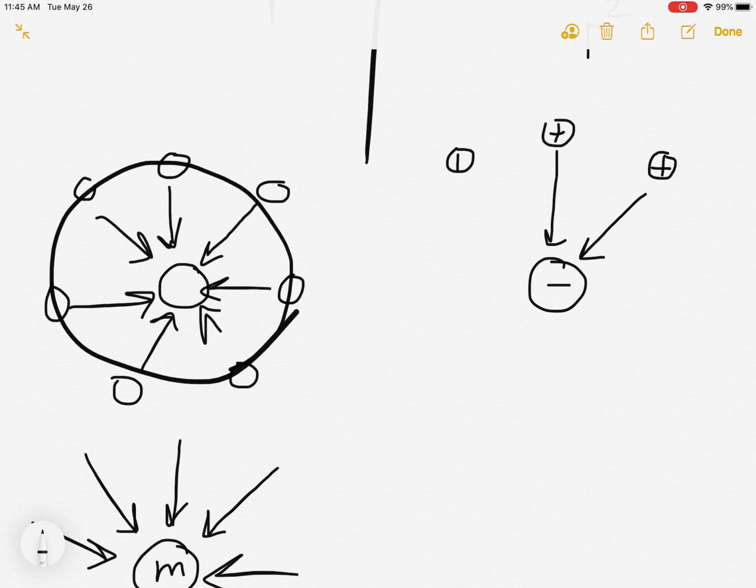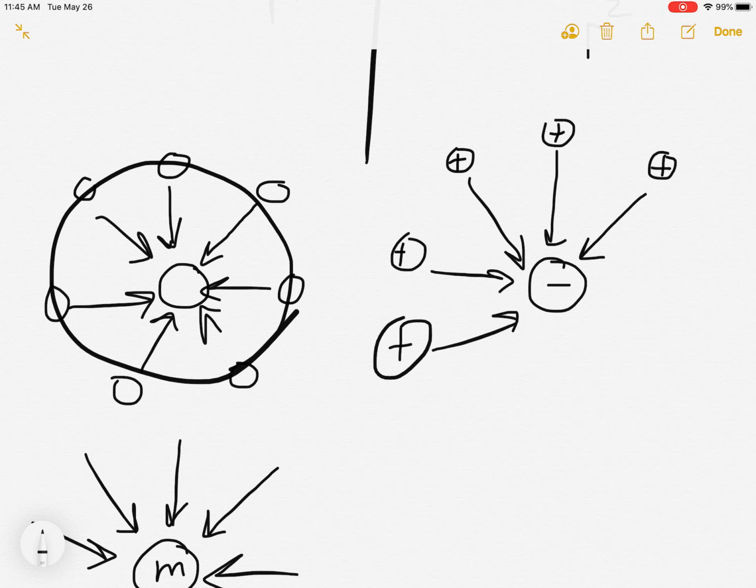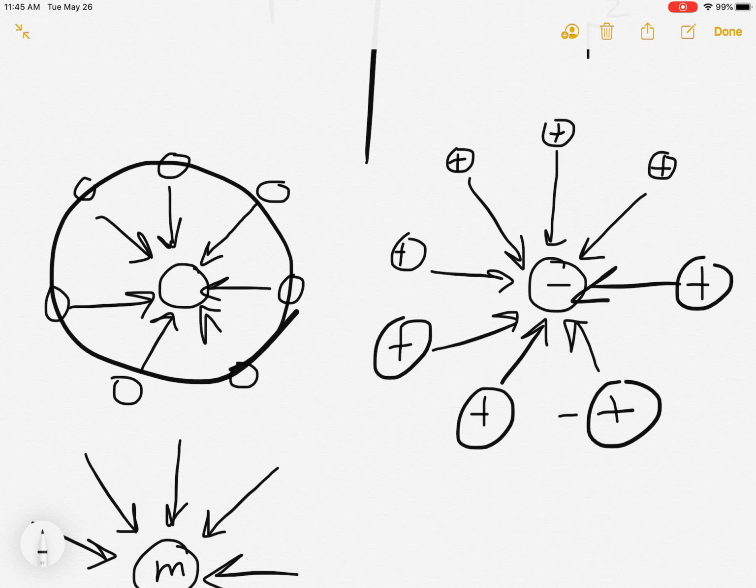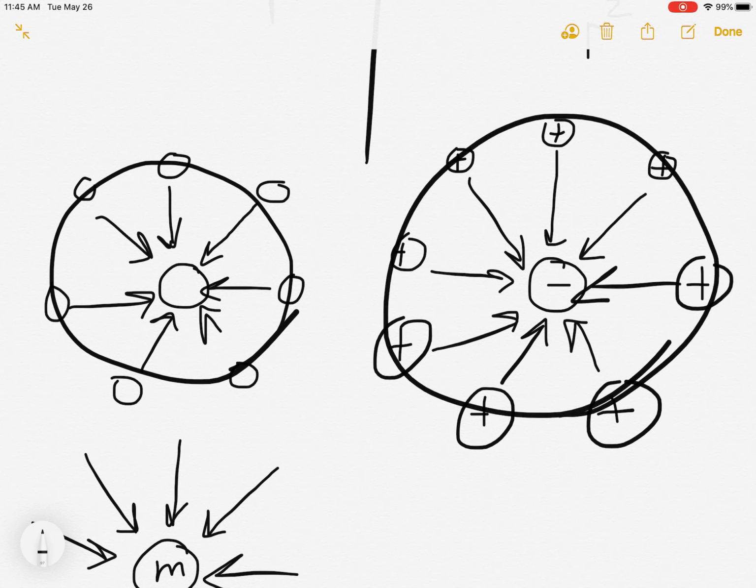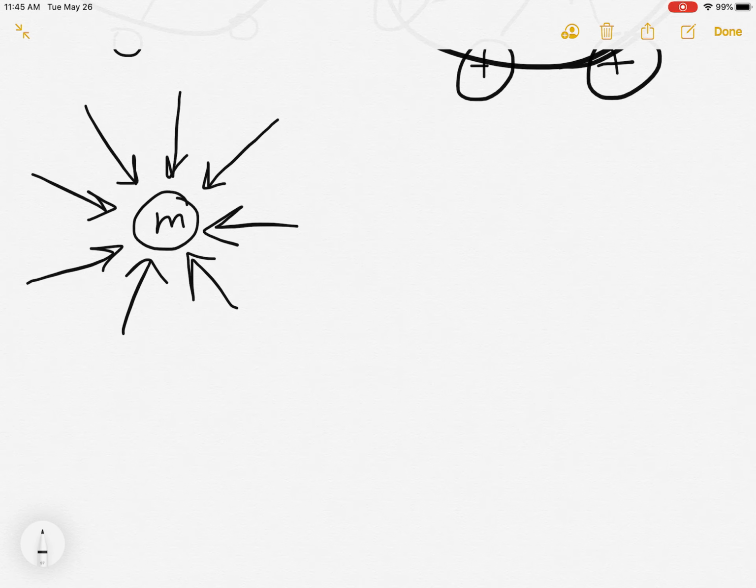And it doesn't matter where in this circle you put it, as long as it's the same radius away, right? That positive charge will feel a pull or a force of attraction towards this other object. And of course, this forms a circle with a radius. So it's the same picture.